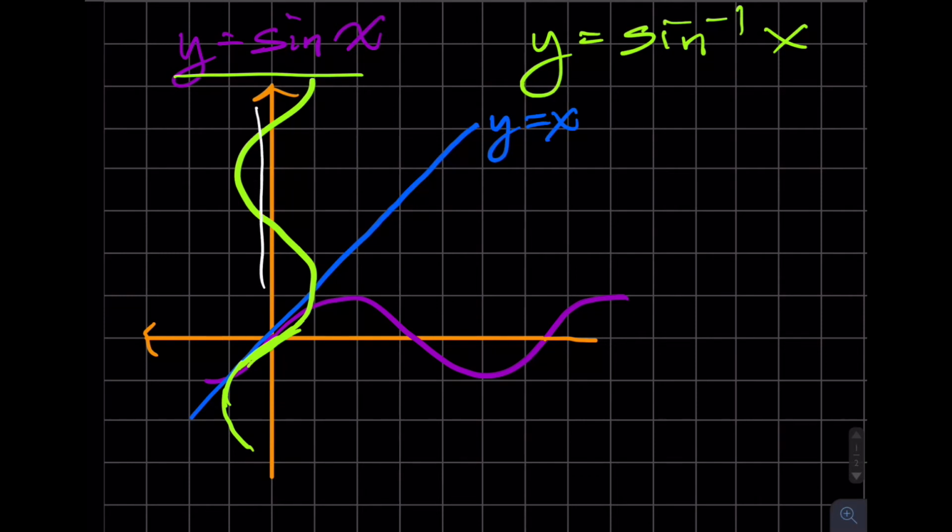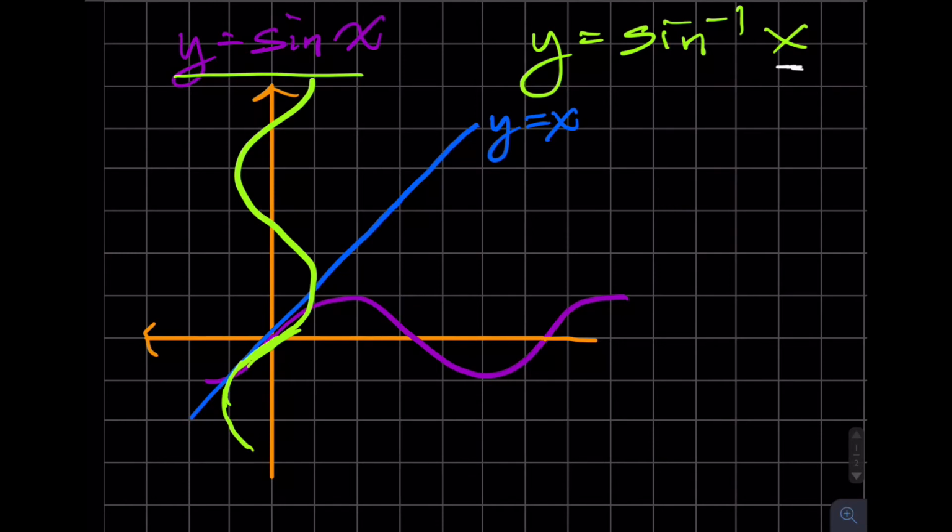You may have noticed that when thinking about horizontal line tests that we talked about in a previous topic. That's a problem, because when I take the inverse sine of some number, I get an infinite number of answers, which doesn't help me. It sort of makes the function somewhat useless. There's an infinite number of values that could satisfy that. So it's not super helpful.